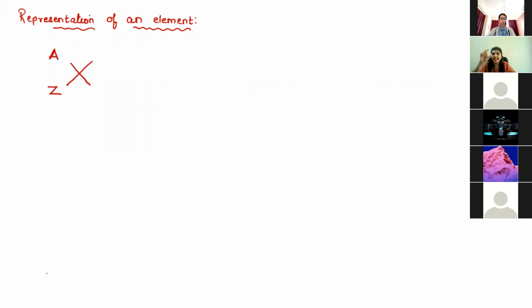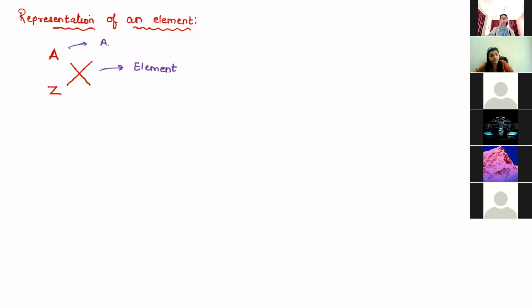Representation of an element: X will be the element, with Z and A. In some periodic tables, it can be reversed also.